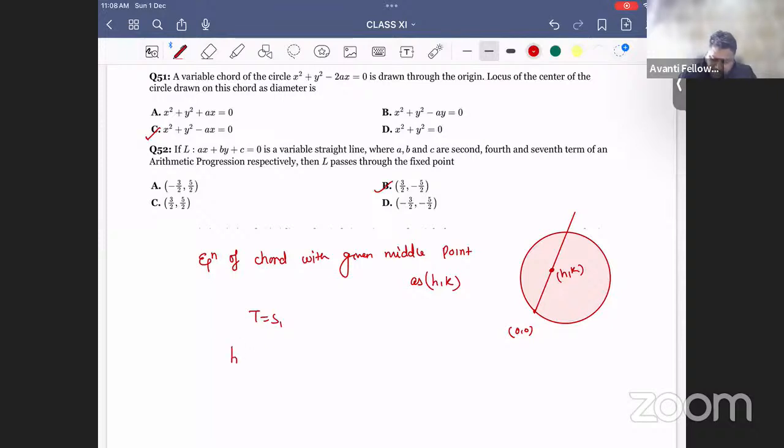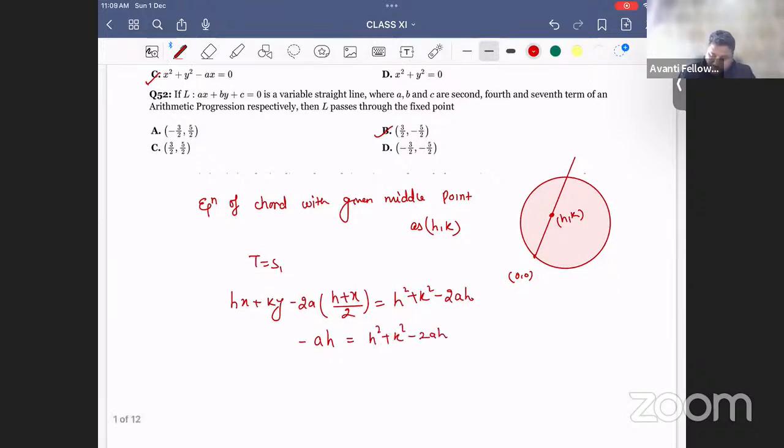So it is hx plus ky minus 2a times (h plus x)/2 is S1, which is h square plus k square minus 2ah. Am I correct? Now this chord is passing through origin. So if you make it pass through origin, you get minus ah is h square plus k square minus 2ah. So locus is what? x square plus y square minus ax equals to 0. That's it. Simple yet elegant question. Am I clear?